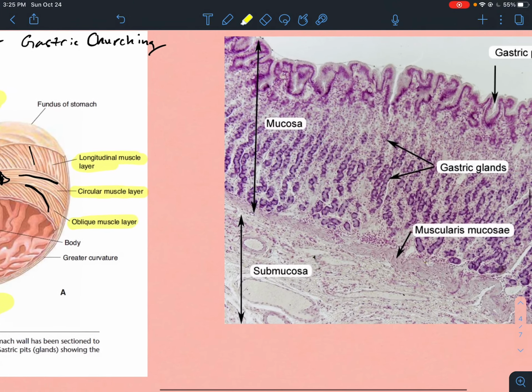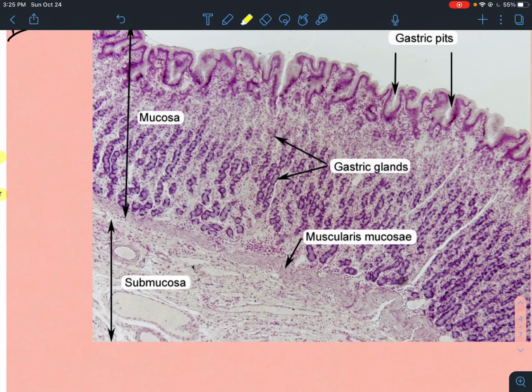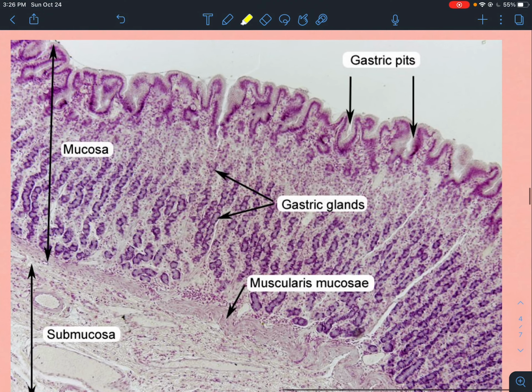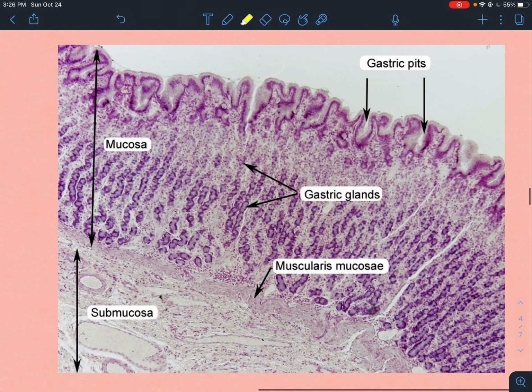Let's look at the histology of this slice of stomach tissue. Notice that we have the mucosa, which looks extremely folded, increasing the surface area. In this case, that surface area is large in order to fit in as many gastric glands as possible.